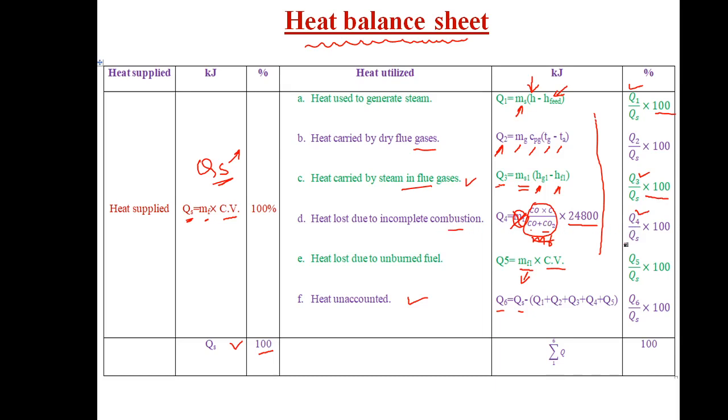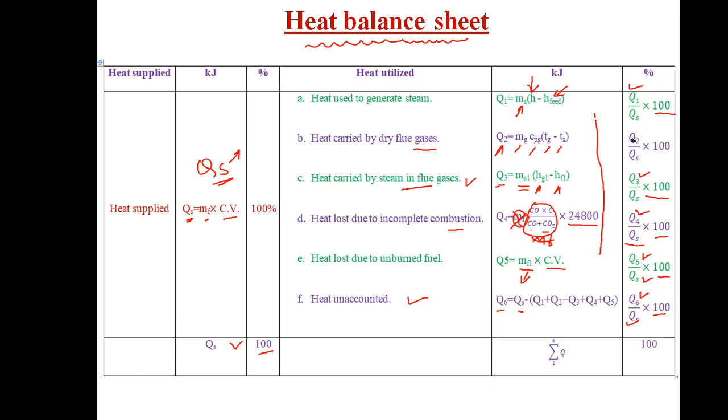Then in percentage we can calculate Q4 divided by Qs into 100. And heat loss due to unburned fuel is Q5 divided by Qs into 100. Finally, unaccounted heat is equal to Q6 divided by Qs into 100.